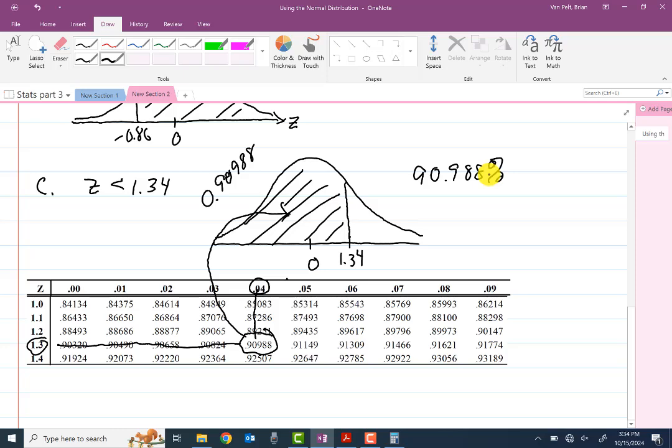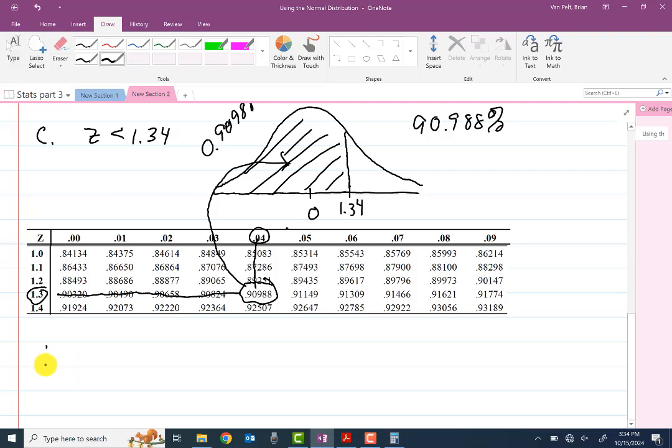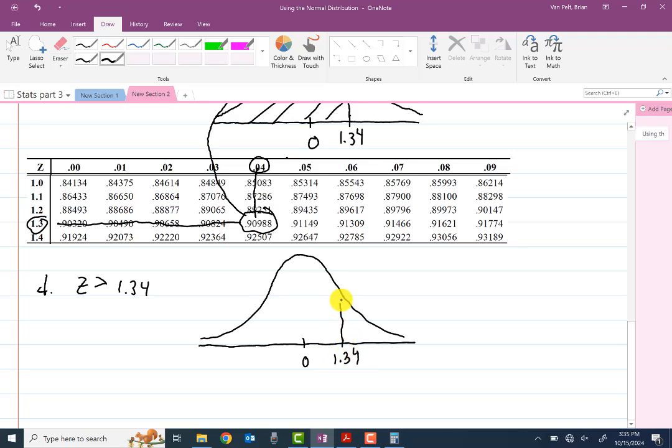Then part D was the same problem, but we were going on the other side. We were looking for Z greater than 1.34. So it looks like the one up there, except it's shaded in opposite fashion. Greater means to the right.